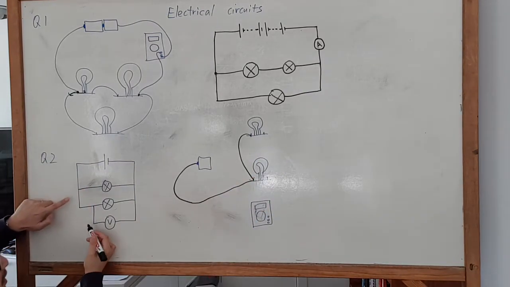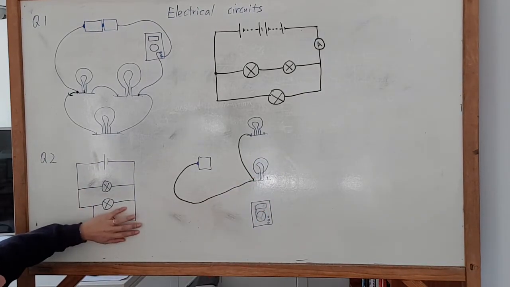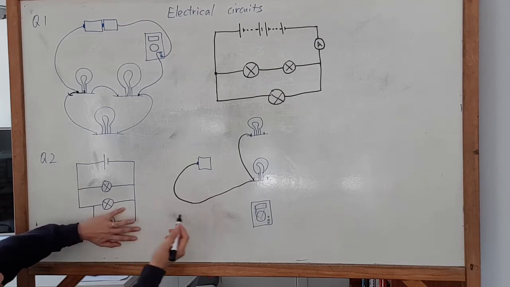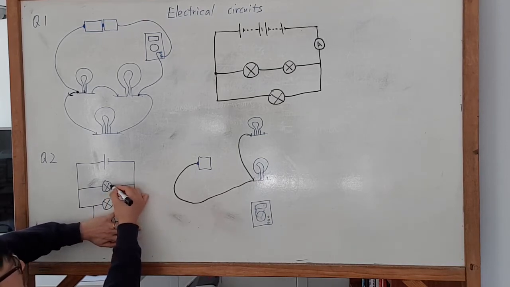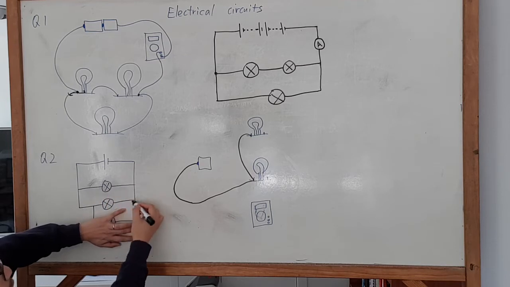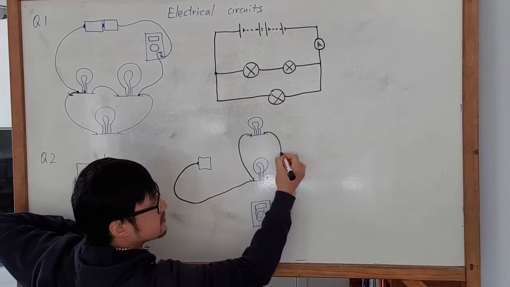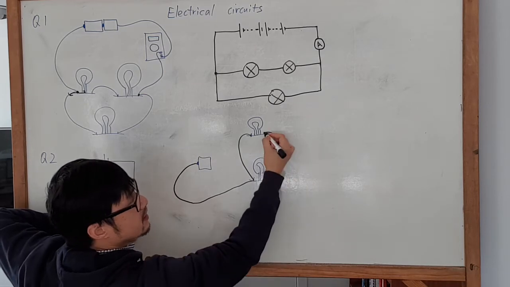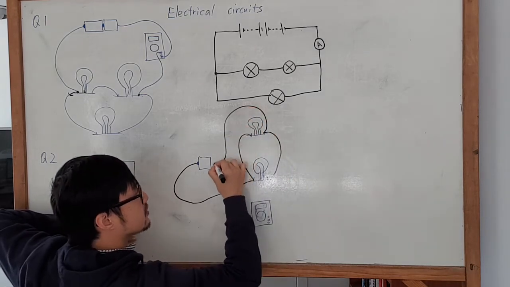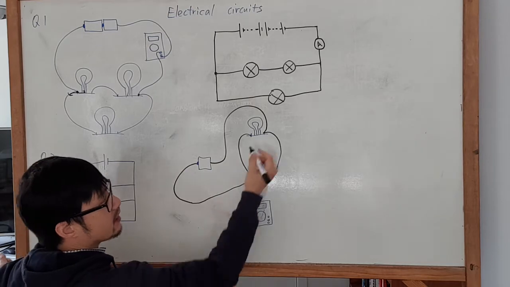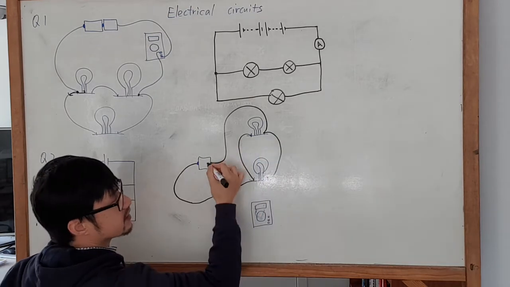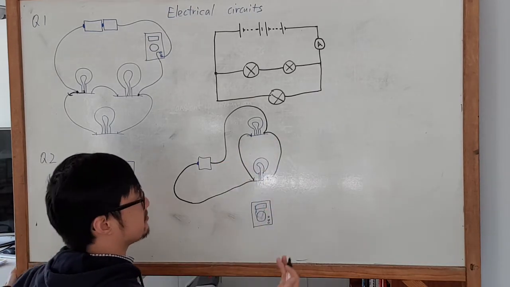Okay, and then let's ignore the voltmeter here because I can add the voltmeter later. So now once it passes through these 2 light bulbs, they're going to meet together and go to the negative side. Let's say now they're meeting together and then connecting to the negative side over here. Obviously you can have this one connecting to the negative side as well. From here, it doesn't matter where you connect it from.